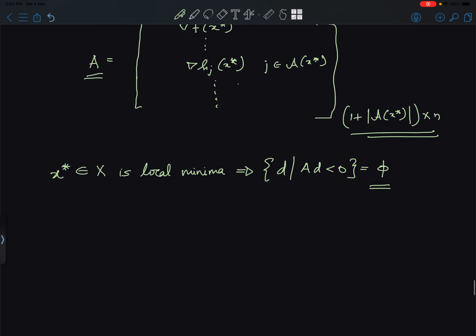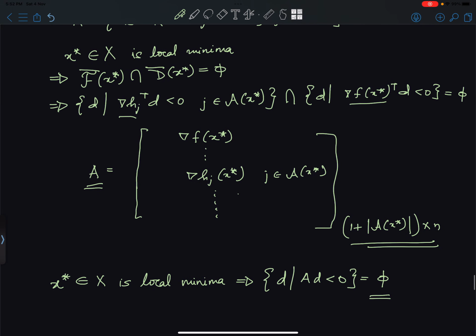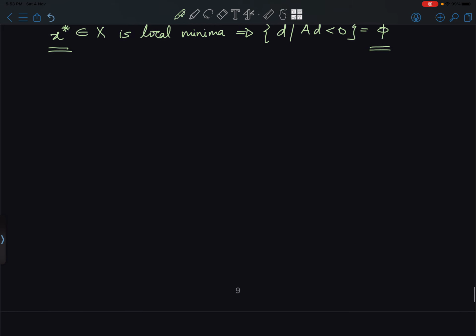Okay, so now if we want to solve for an optimal x star, basically if we want to find this local minima, we'll have to look at a lemma called Farkas lemma. As I'm doing in this lecture, I'm just stating the lemmas without any proofs, so I'll do the same with the Farkas lemma also.